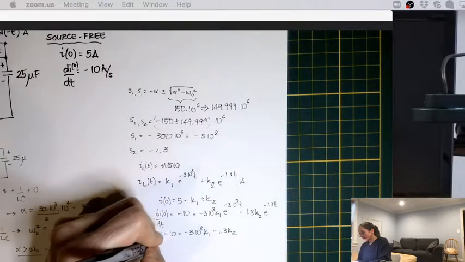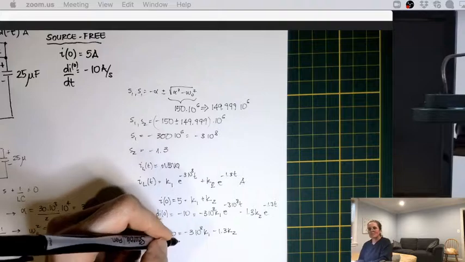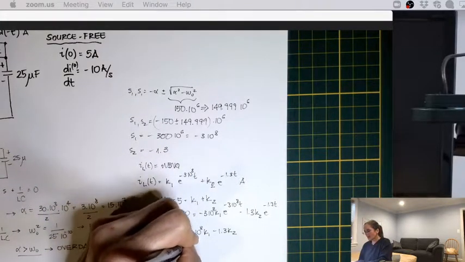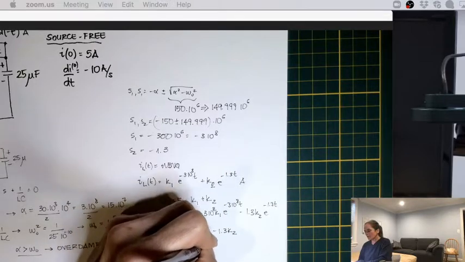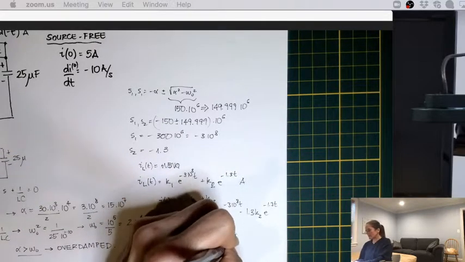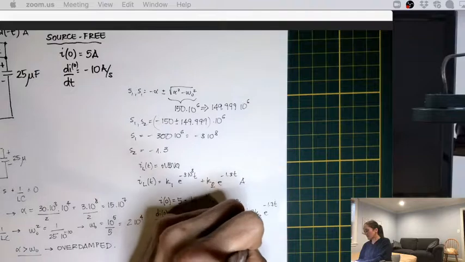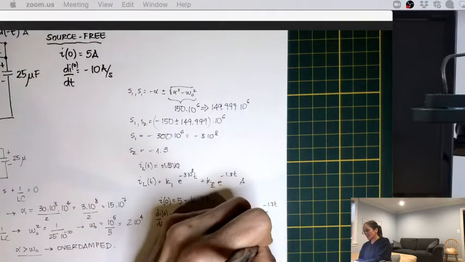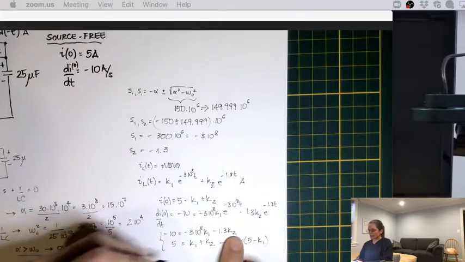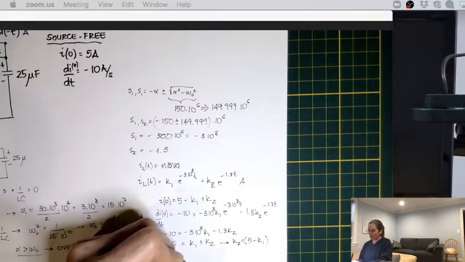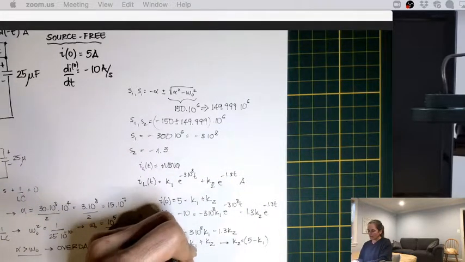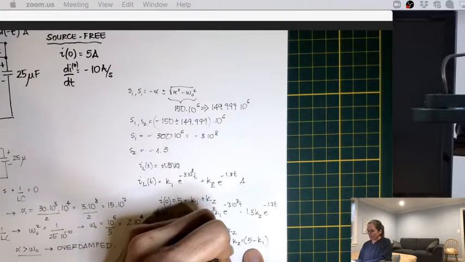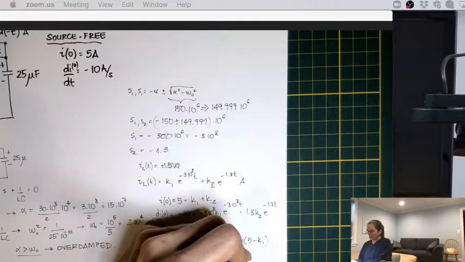That's a system of equations that I will not solve. 5 equals K1 plus K2, so I could write K2 is 5 minus K1. So I can go here and say minus 10 is minus 3 times 10 to the 8 K1 minus 1.3 times (5 minus K1).